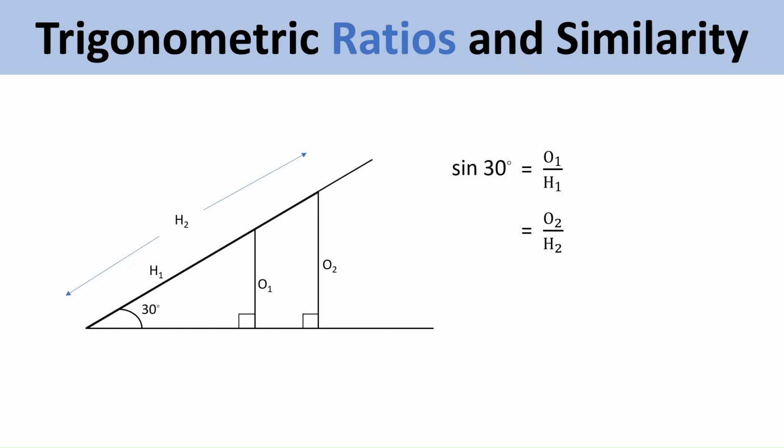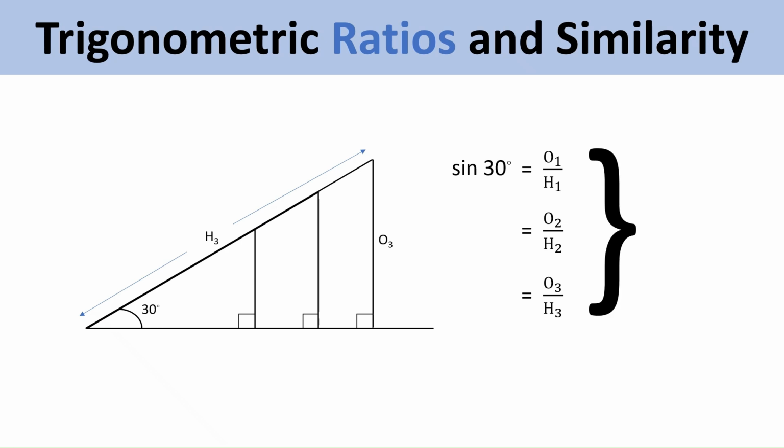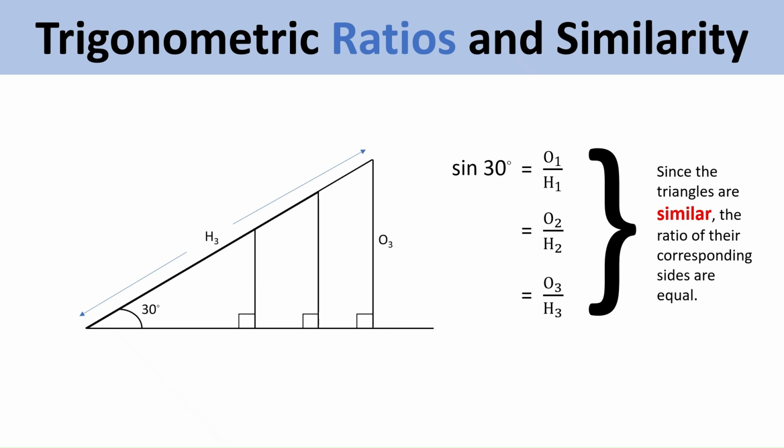Similarly, if I continue extending the triangle and make it even bigger, the opposite side would be O3 and the hypotenuse would be H3, and sine 30 degrees would be equal to O3 over H3. Now, notice that O1 over H1, O2 over H2, and O3 over H3 are all equal because they are ratios of corresponding sides of similar triangles.